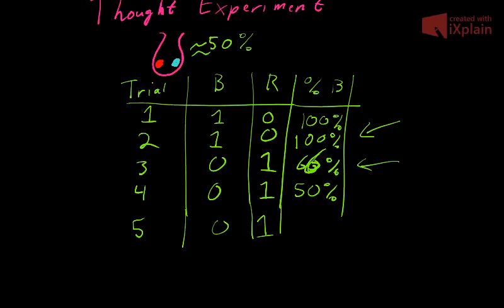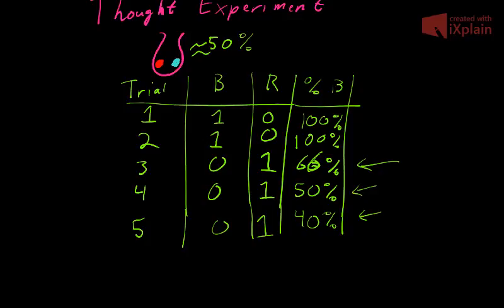Doesn't really matter. Either way, I'll be taken away from that 50% a little bit and move to either 40 or 60. But as I go more and more, we can see that the amount that this is changing off of 50% is getting less. So 66 is further from 50 than 40 is, if that makes sense. 66 is 16% away from 50. 40 is only 10% away.